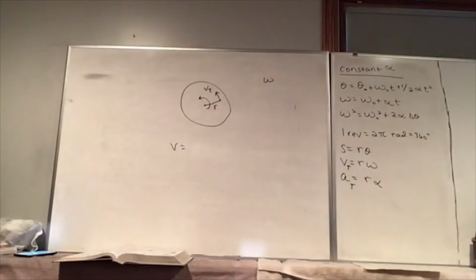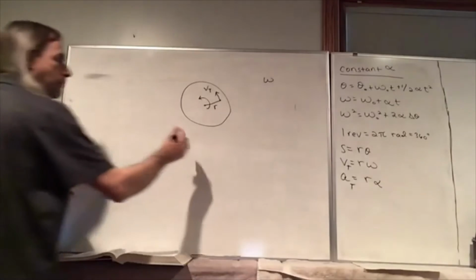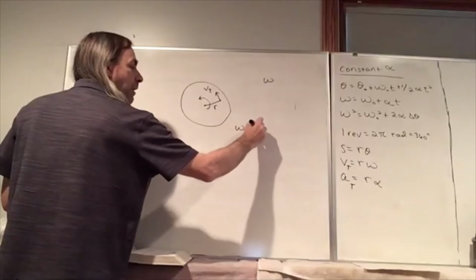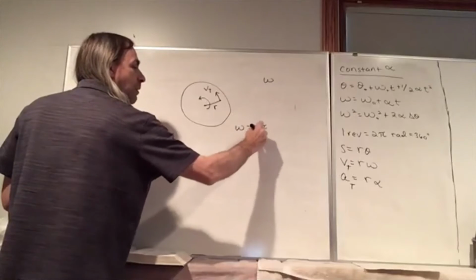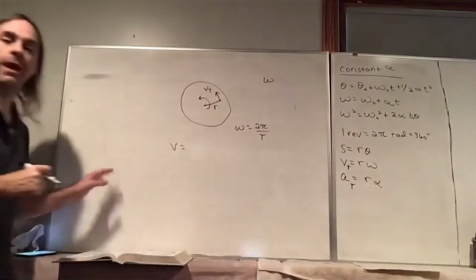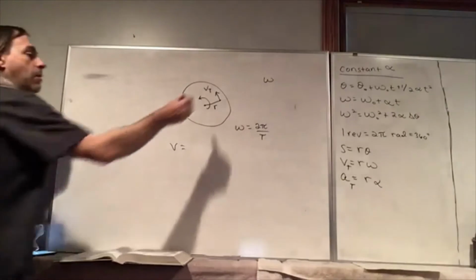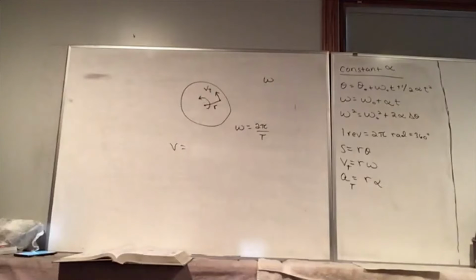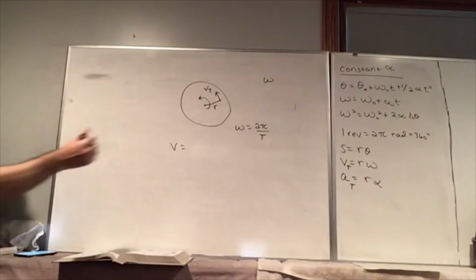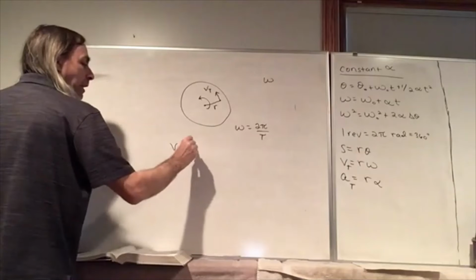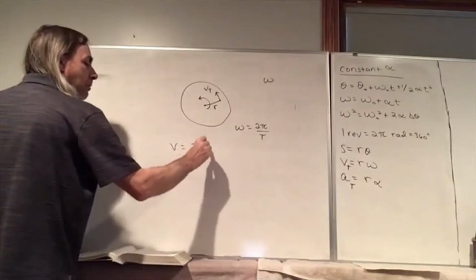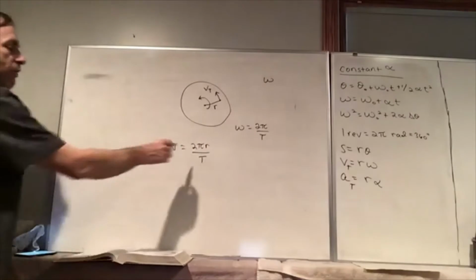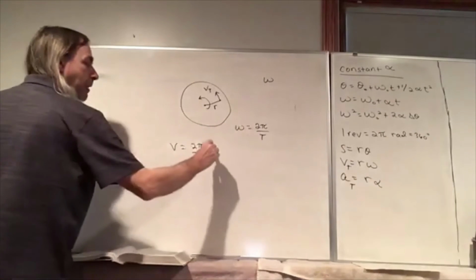So the angular velocity would be 2 pi radians in 1 period. So capital T is the period. That's how long it takes to complete that circular motion. And so v is just distance over time, and 2 pi over T is omega.